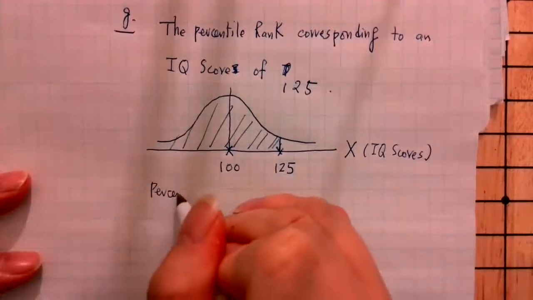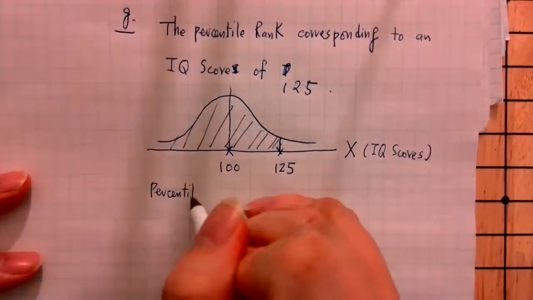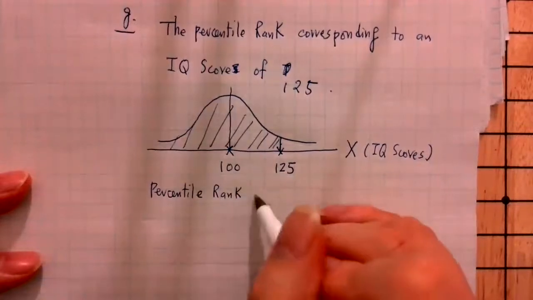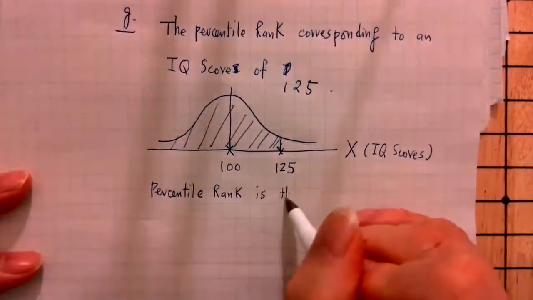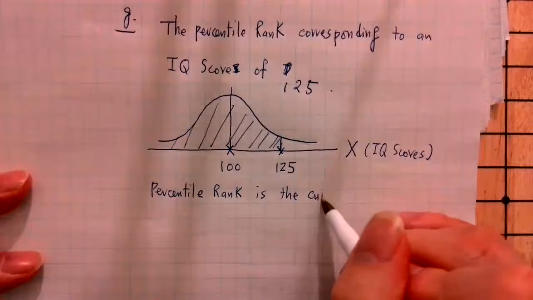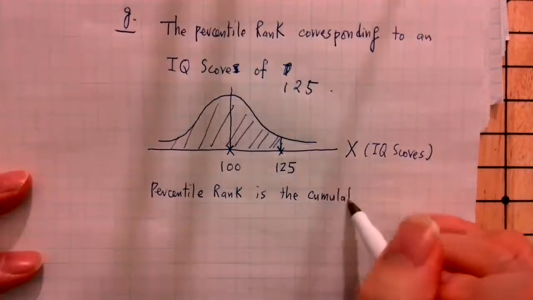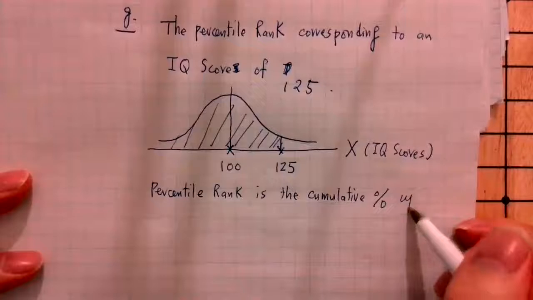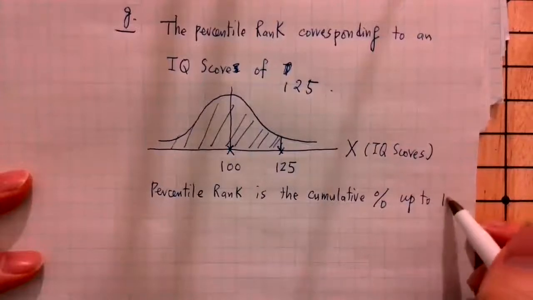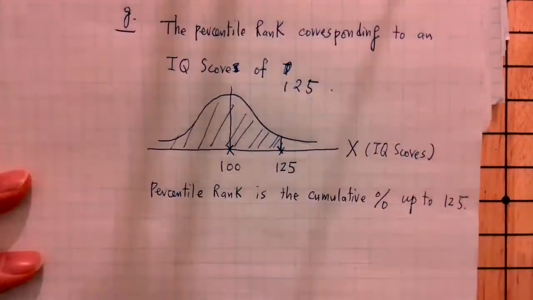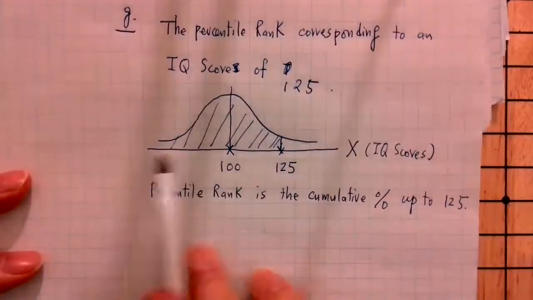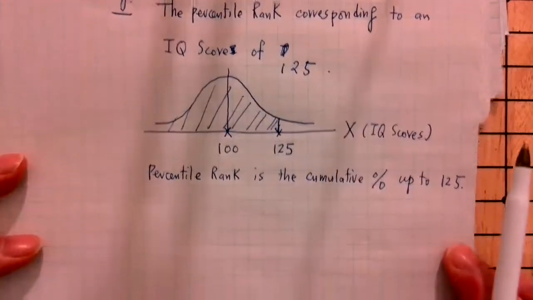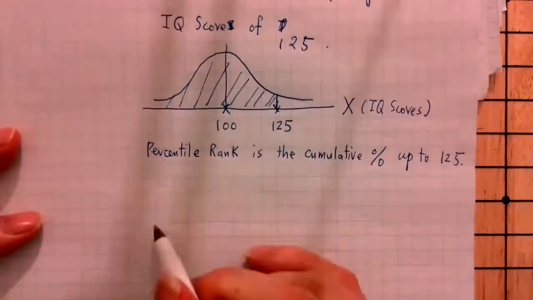Percentile rank is the cumulative percentage up to 125. In other words, we want to find the size of the shaded area. How can we find it?